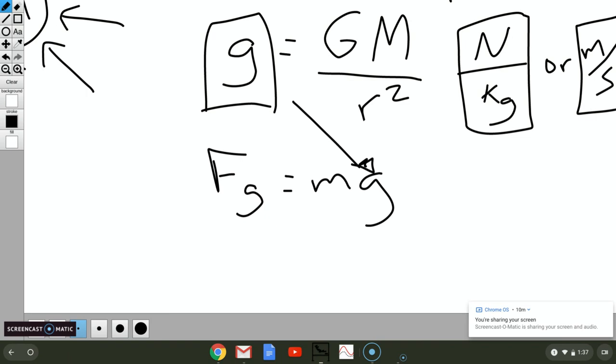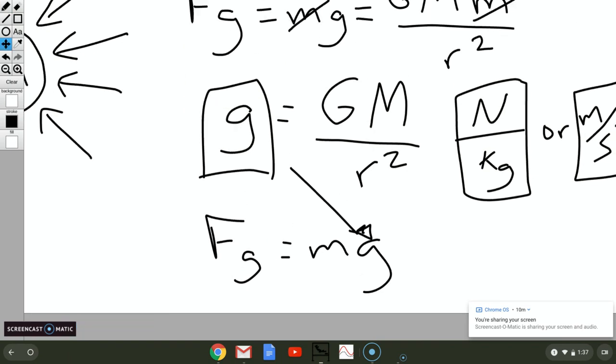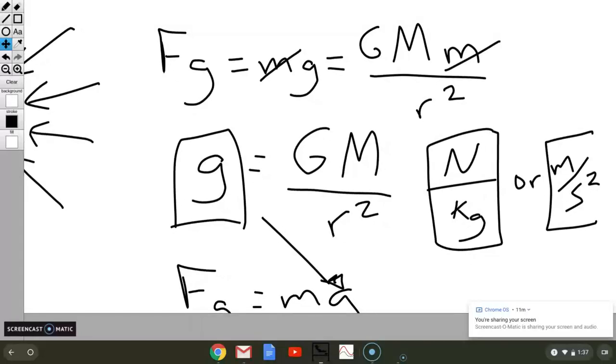Now, you'll notice that the relationship, what you see here in gravitational field strength, the relationships of how it changes are very similar to gravity, except for one little thing. You'll notice that these two things right here are not going to change ever. G is going to always be the same.